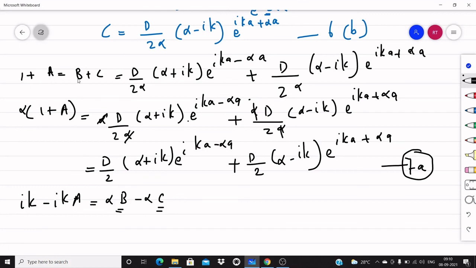I'm repeating it once more: psi 1 at x equal to 0 is equal to psi 2 at x equal to 0, and d psi 1 by dx at x equal to 0 is equal to d psi 2 by dx at x equal to 0. So we have substituted b and c already in the first equation, and we have 7a. Now we will again substitute b and c here as well, and we will obtain 7b.